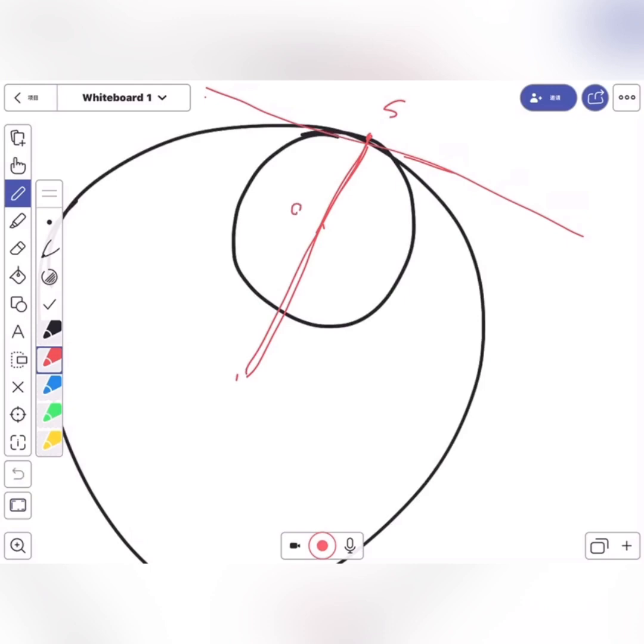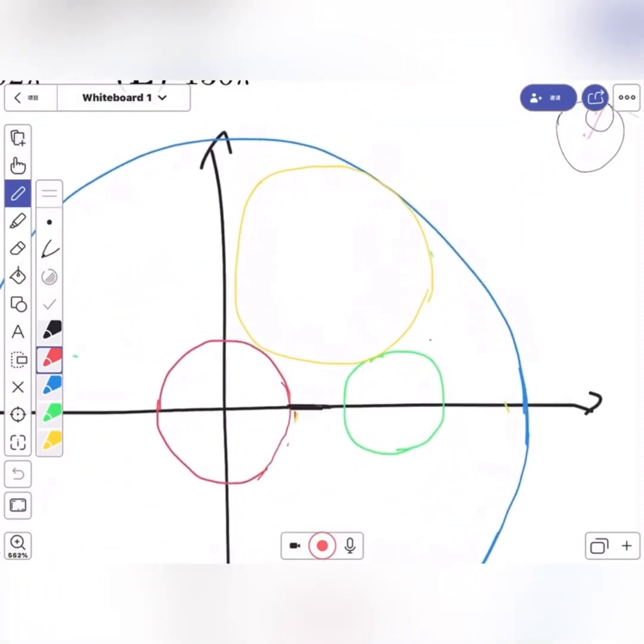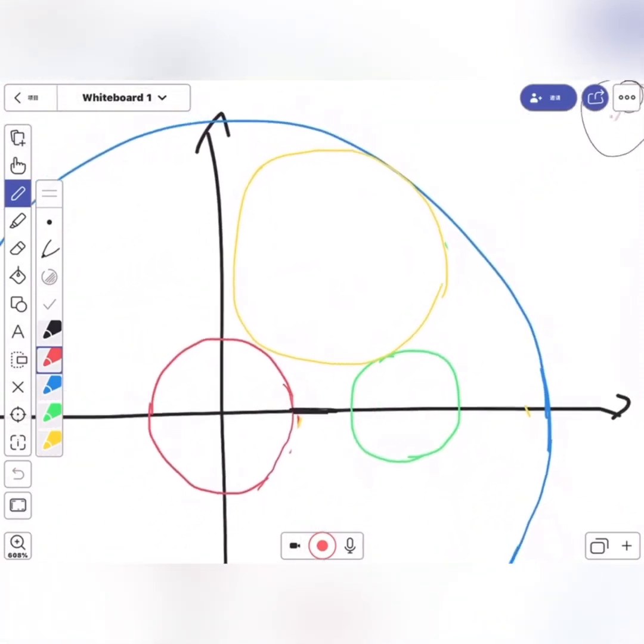Then O1, S and O2 are in fact collinear points. So we just use this really important fact.